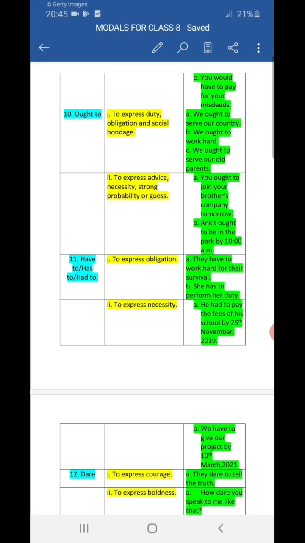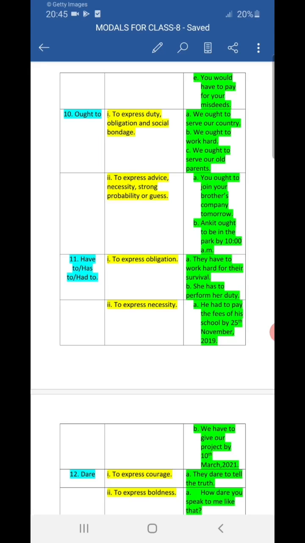Next, number 2, to express necessity. He had to pay the fees of his school by 25th of November 2019. So, students, it's actually the past form of the modal have to.